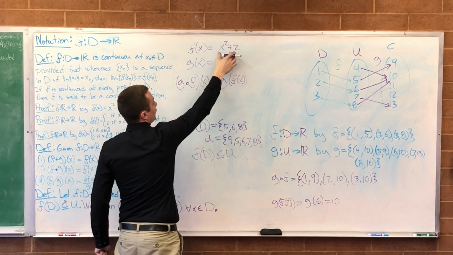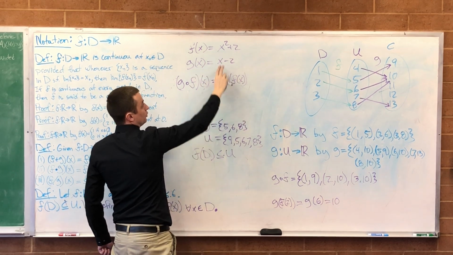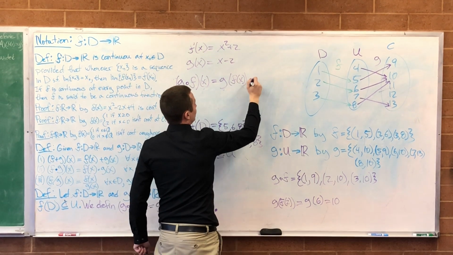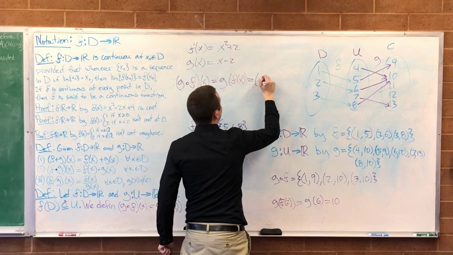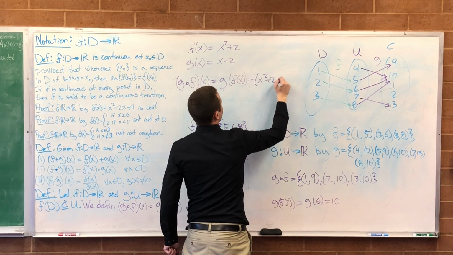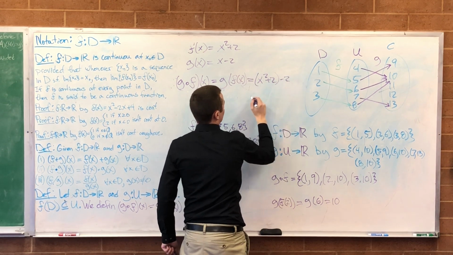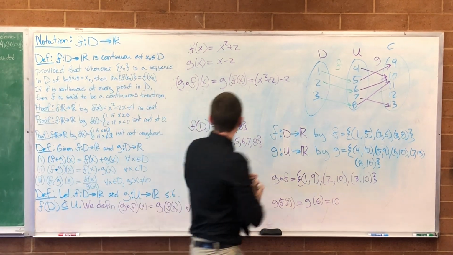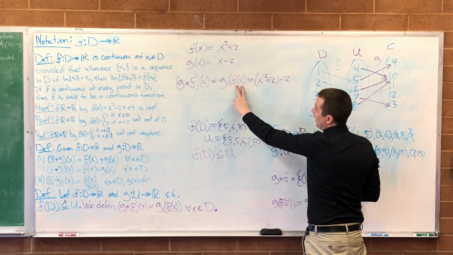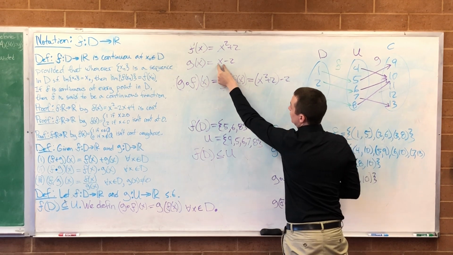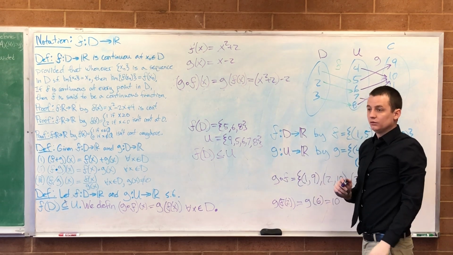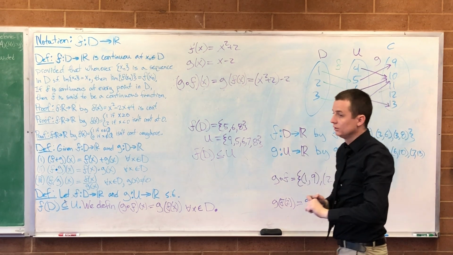We plug in F of x for x in g, so that's F of x minus 2, but what is F of x? It's x squared plus 2. Good?